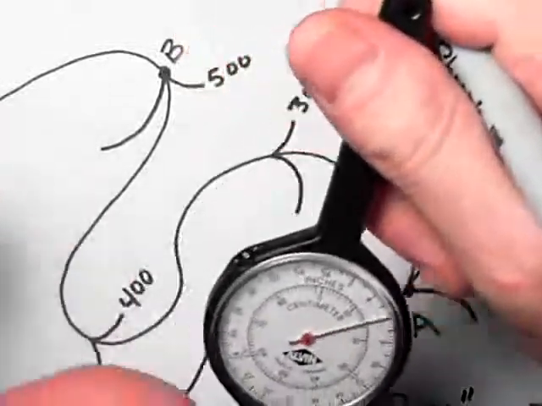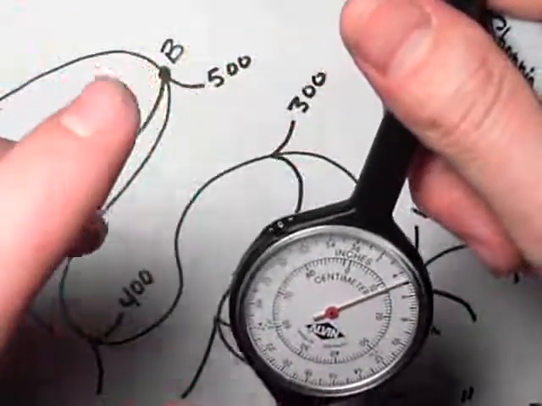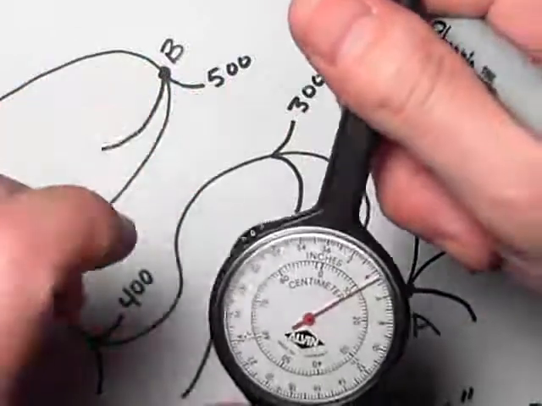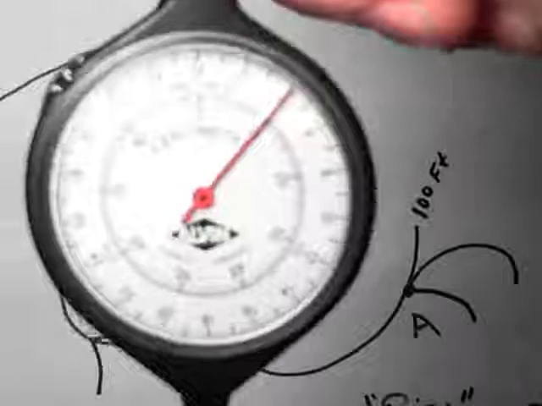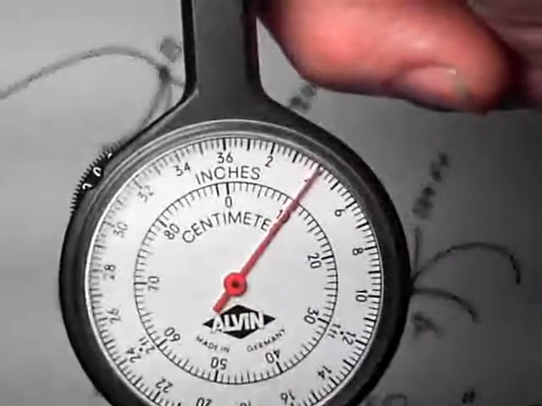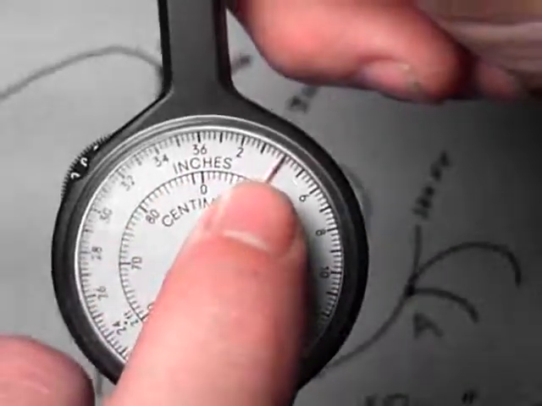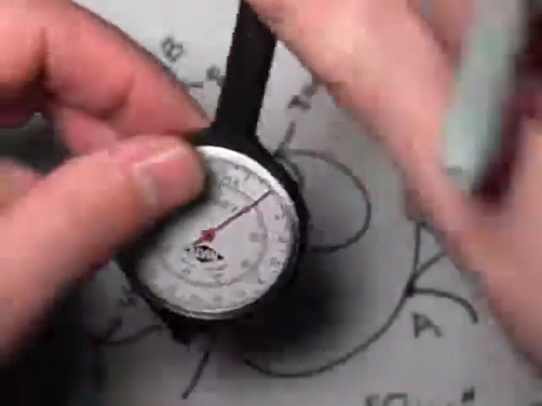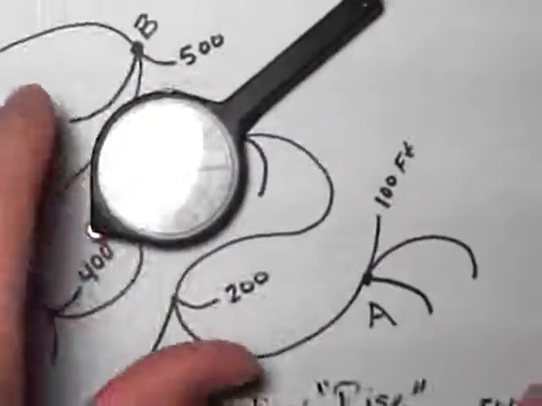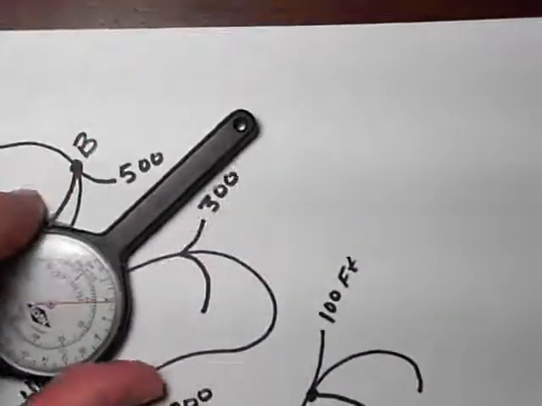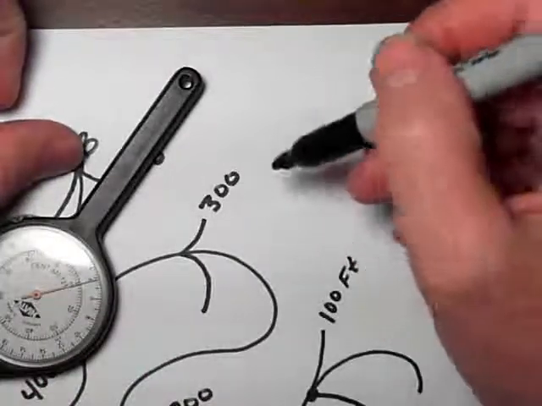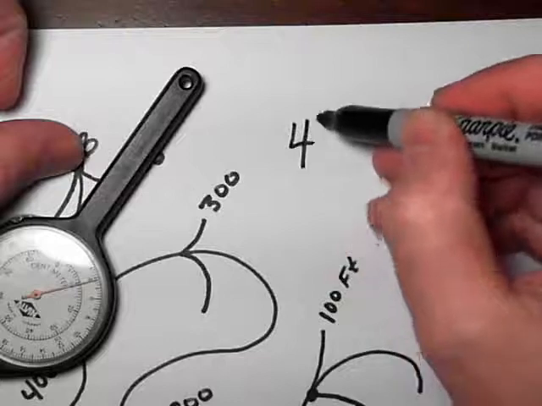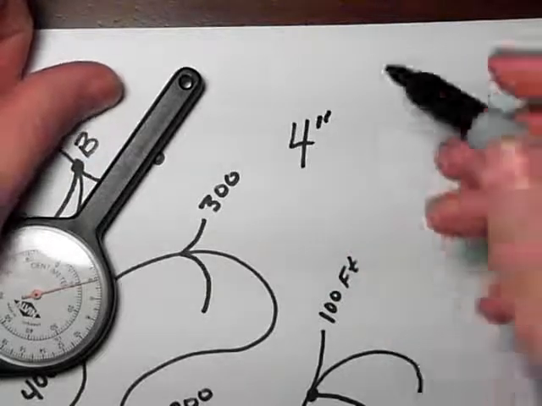Let's keep the math easy here and say that we pick up our measuring wheel and see that it's on 4 inches. Now we know that the distance is not 4 inches in the real world. It's only 4 inches on the map.